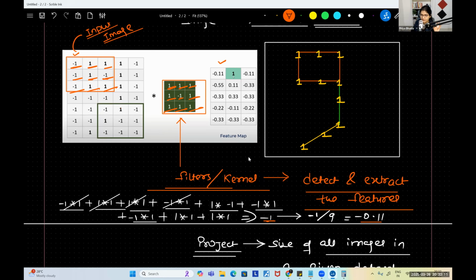How are we getting this filter matrix? With respect to whatever detection you want to perform, whatever features you want to extract, you will by default have multiple filters available, which you can refer to in the documentation. Let's say I want to detect specific eyes, or specific hands of a person. For that, every specific filter is already defined in deep learning.